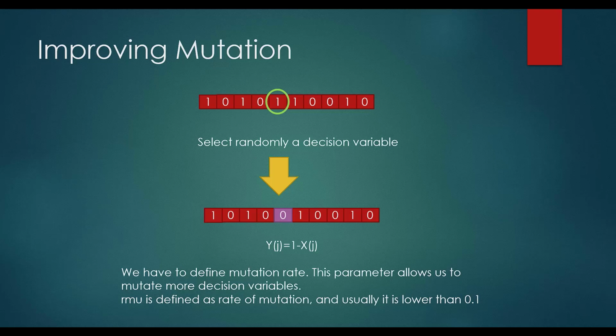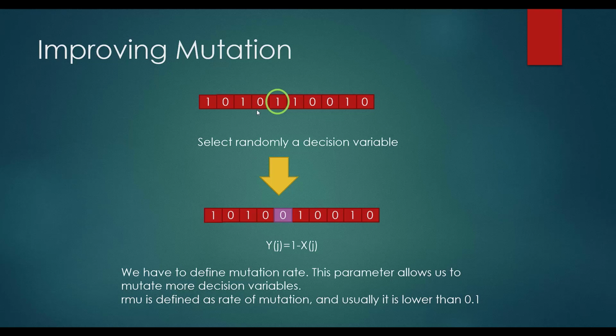These parameters allow us to mutate more decision variables. RMU is usually lower than 0.1, so the rate of mutation would be a low number.